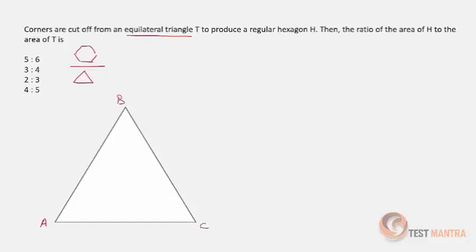I want to create a hexagon. I'll take 3 cuts here. Let's say these are D, E, F, G, H and I. According to this, this length is equal to this length, which is also equal to this length, and that will be equal to this length, as they are equilateral triangles.